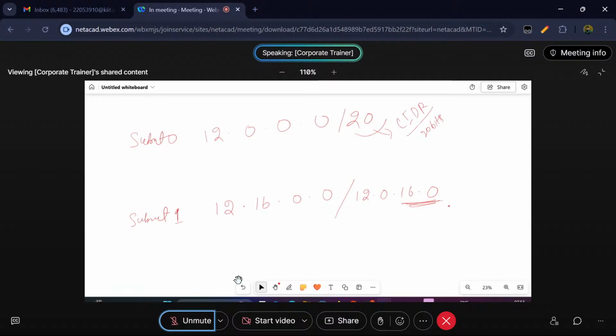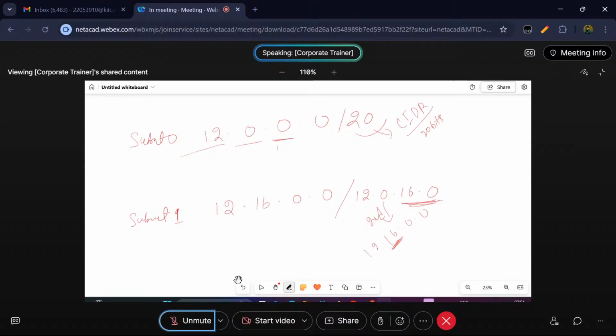Third octet you are making changes. Just look here. If you change the second octet, the network bits are also changed, 12.16.0.0, because we are changing the next network bits. Why? Because till 24 bits, it is 8 bits here and 8 bits here, and here also there will be 4 bits.